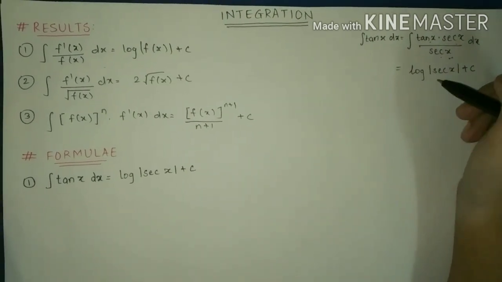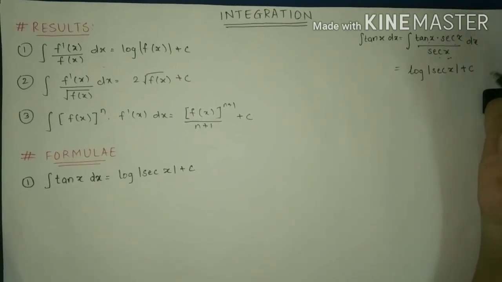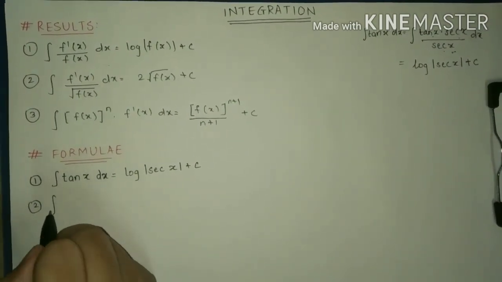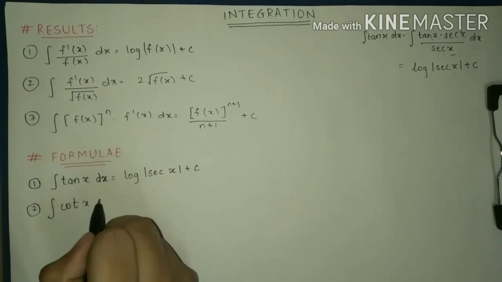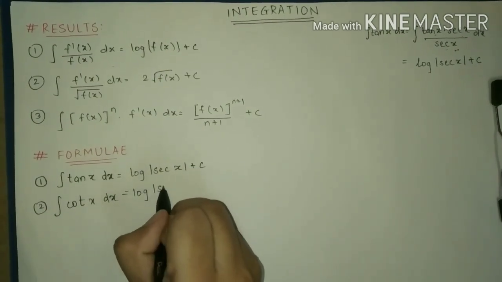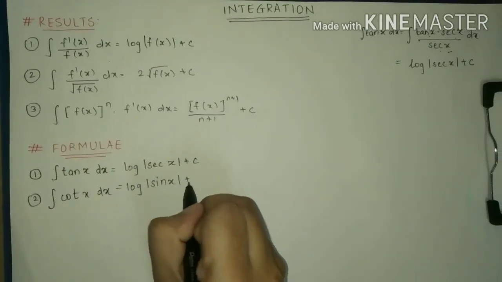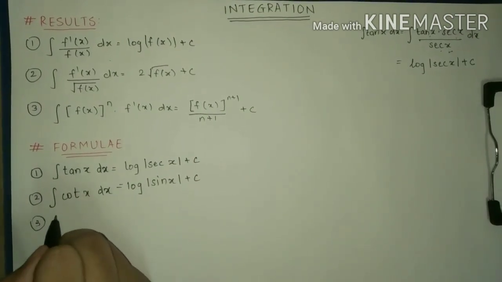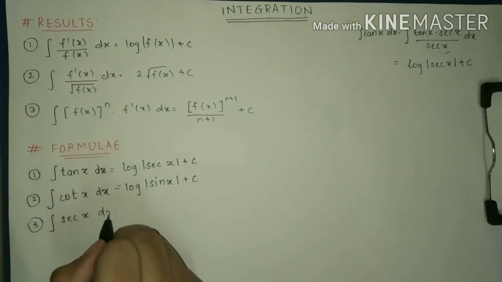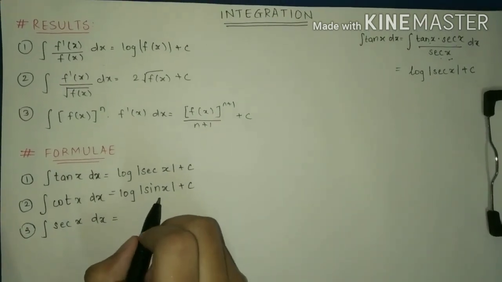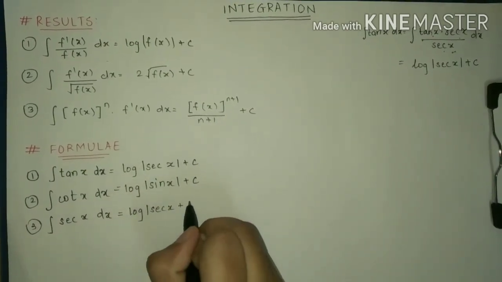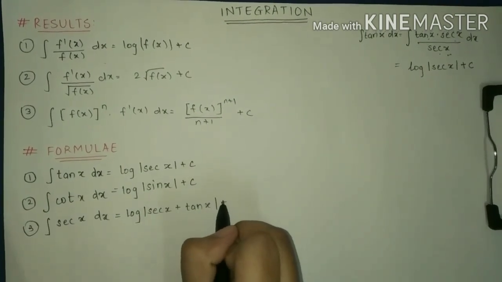Similarly, I am going to give you other formulas, but you can get the workout in your textbook. So directly I will write down all the formulas now. Integration of cot x dx is nothing but log of sin x plus c. Third, we have integration of sec x, that is secant x dx. We get it as log of sec x plus tan x plus c.